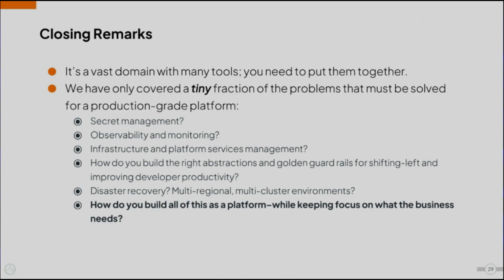Now, on to closing remarks. We've covered a good breadth of these topics, but we really haven't gone deeper into any of them. As you might understand, it's a vast domain, right? You have to sort of pick and choose what you need, and you have to also figure out how to build the right abstractions and golden guardrails for your developers if you are building a platform, right?